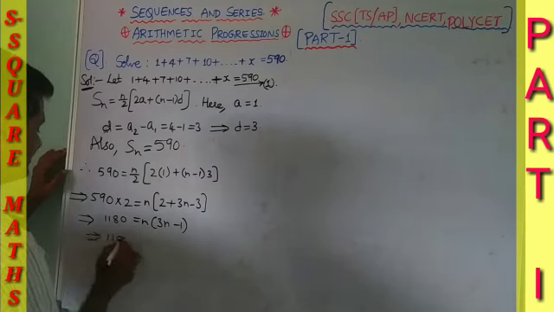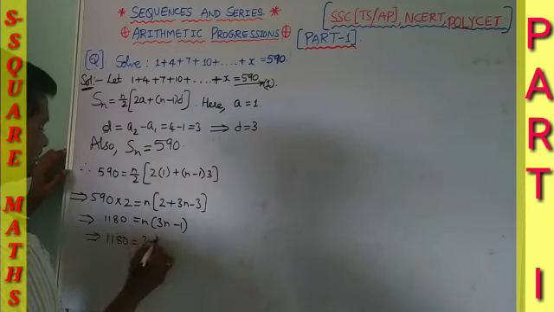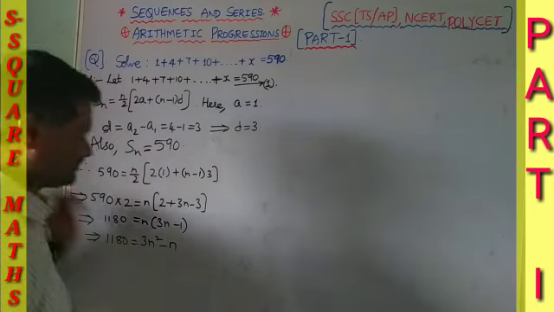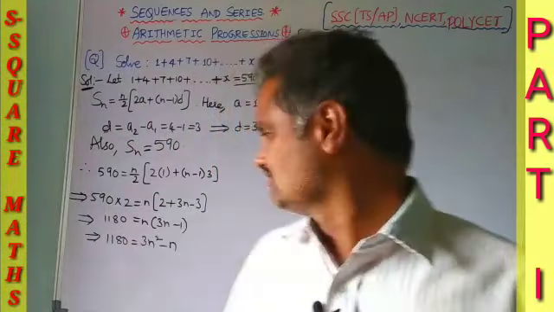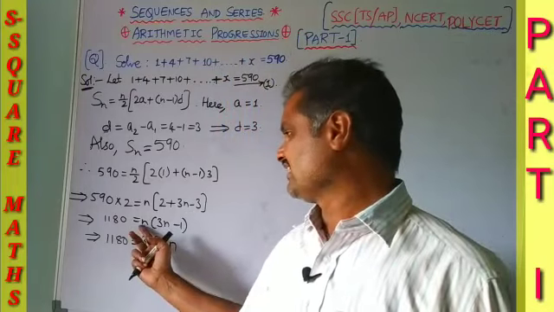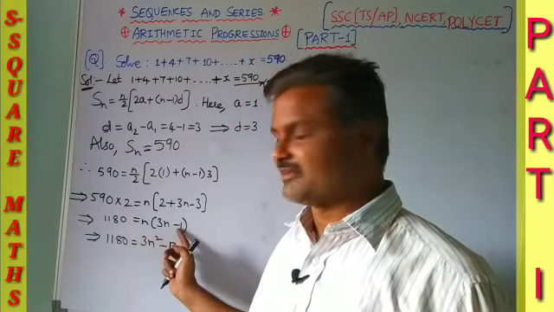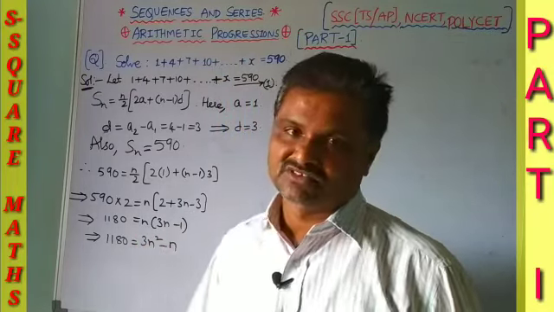So 1180 is equal to 3n square minus n. Before the bracket you have n, so 3n into n is 3n square, minus 1 into n is n.